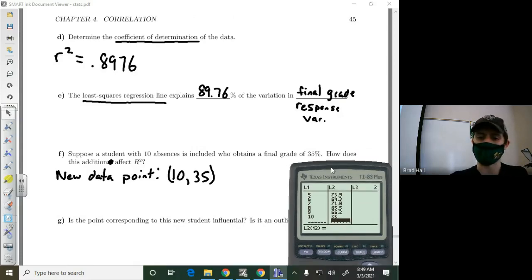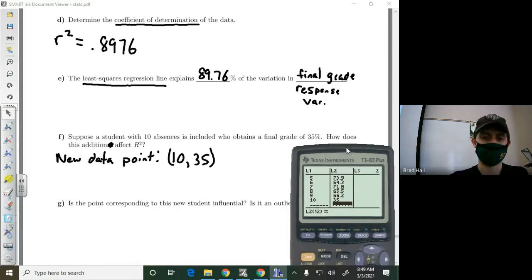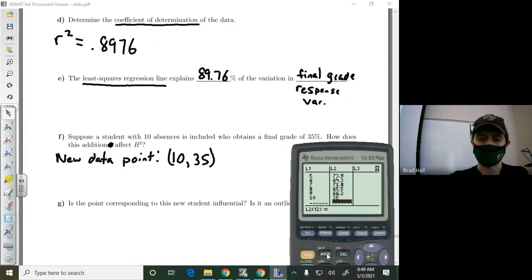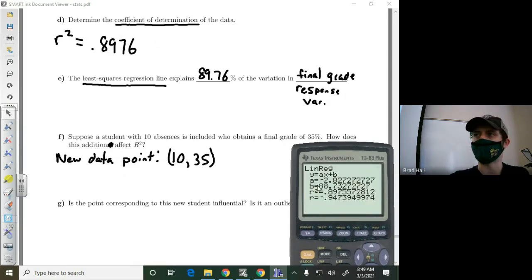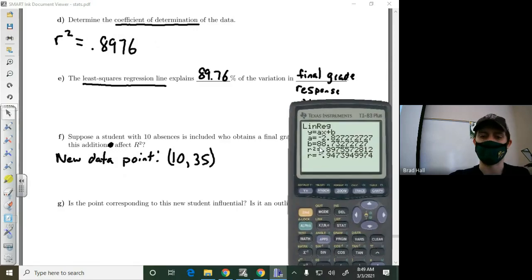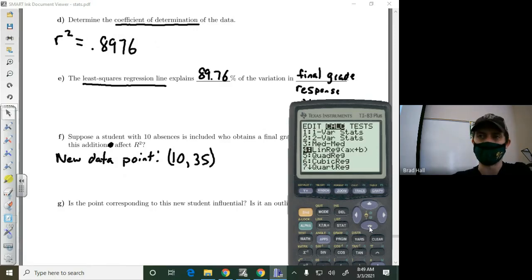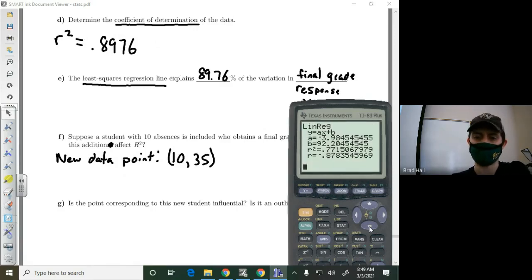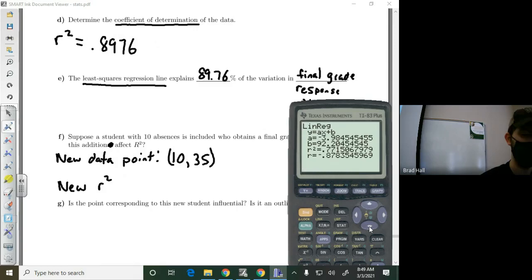So we can quit out of that and try to figure out the new correlation coefficient with the new data point. Now r squared, so the new r squared is equal to 0.7715.